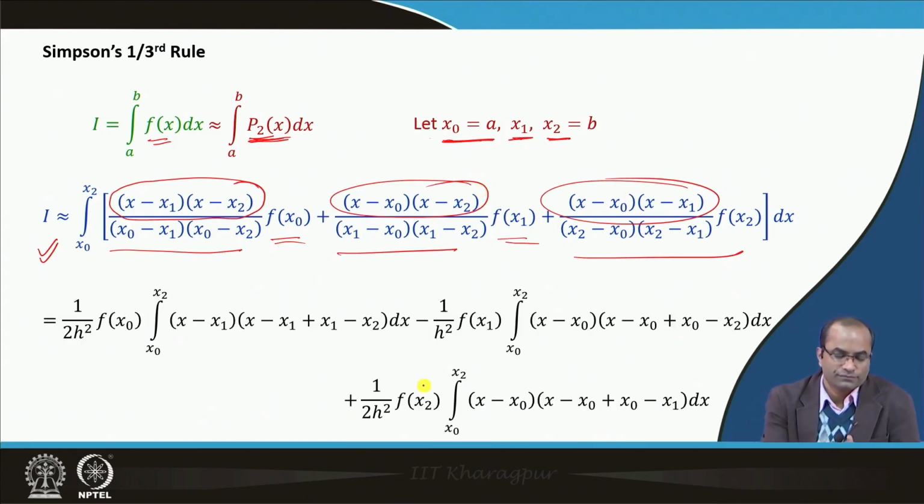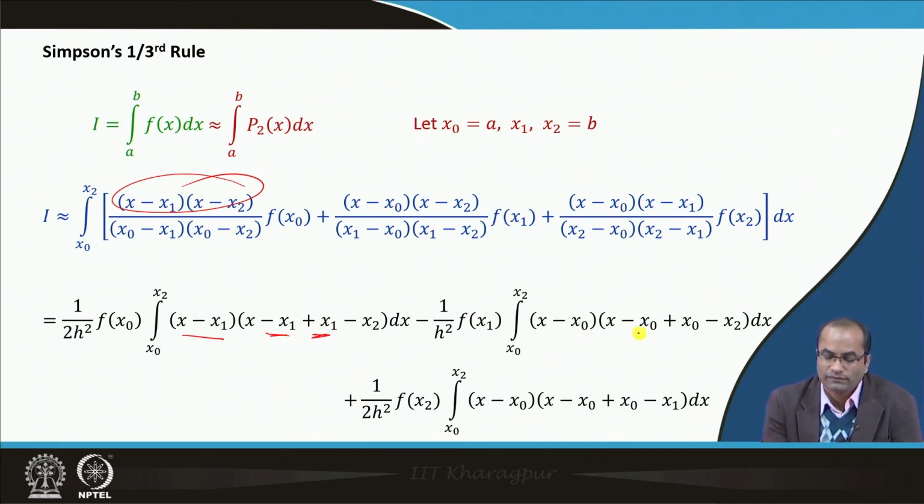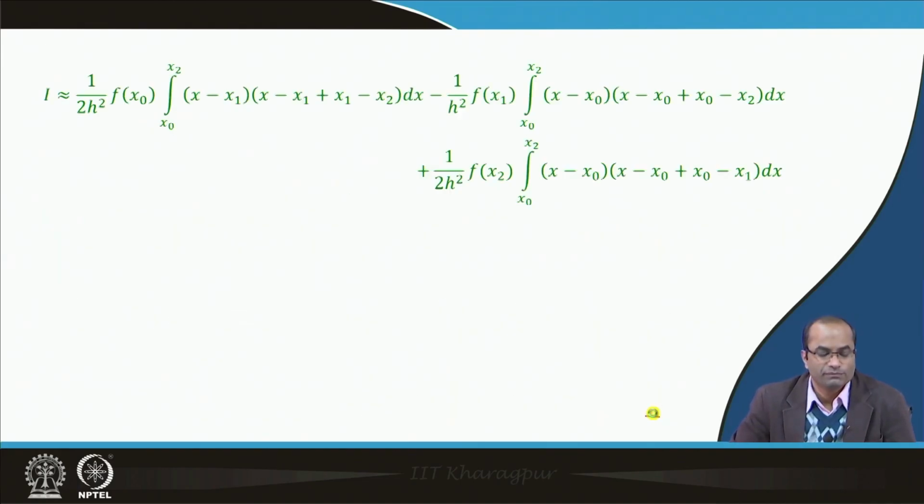We can either do direct integration or the way done here: x minus x 1 is taken out, with all these constant terms, and only the numerator is adjusted, x minus x 1 plus x 1, and likewise minus x 0 plus x 0, so that we get exactly this term as one term. So, x minus x 0 or x minus x 1, and then the integration can be performed.